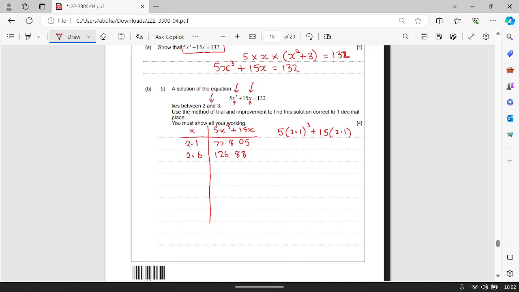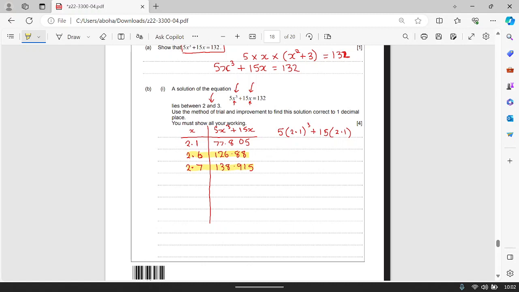Okay, so let me explain what I've just done. 2.6 was too low, but 2.7 was too high. Now they'll give you 1 mark for showing the low, 1 mark for showing the high.